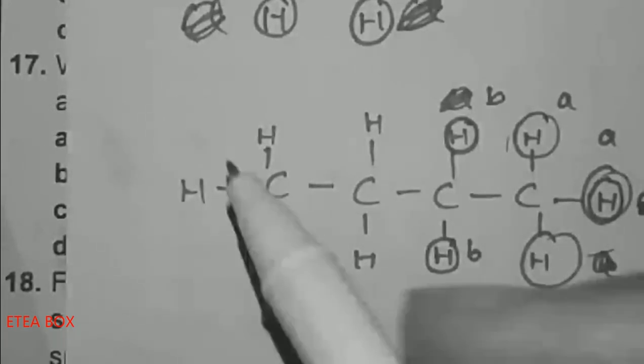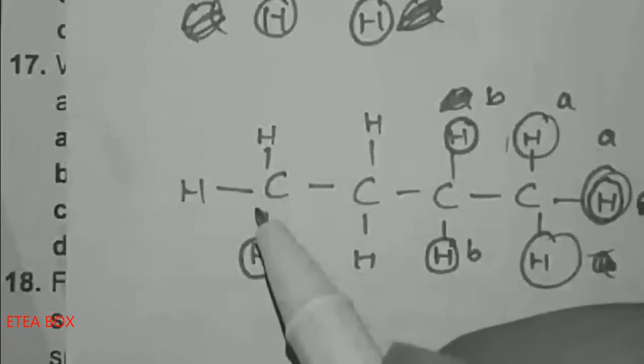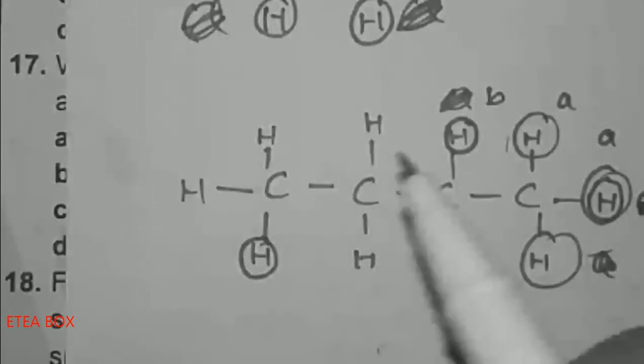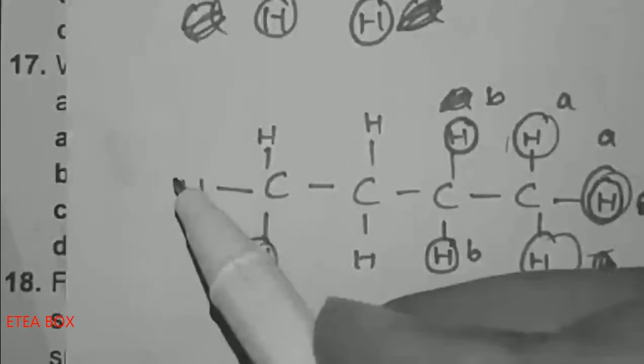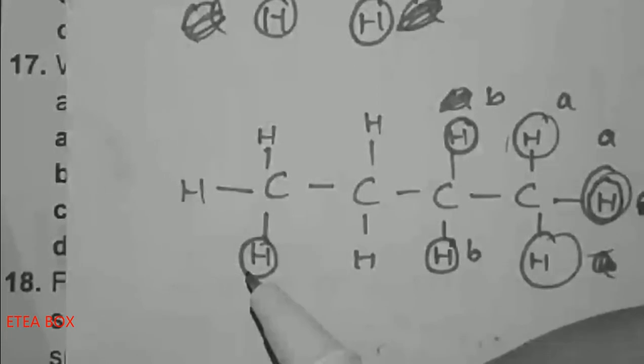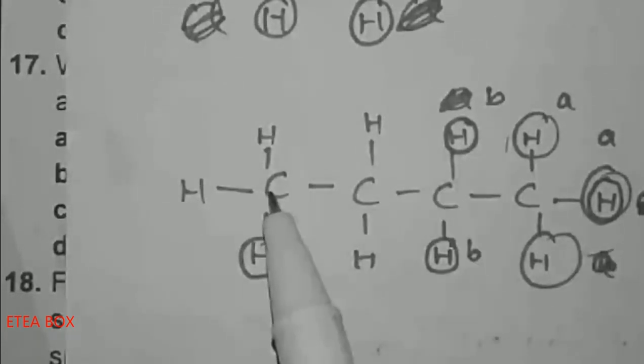Now look here. If I replace this one, you will get 1-chlorobutane. If I replace this one, you will also get 1-chlorobutane, and by replacing this one, the name will be the same, 1-chlorobutane. So these have the same environment.